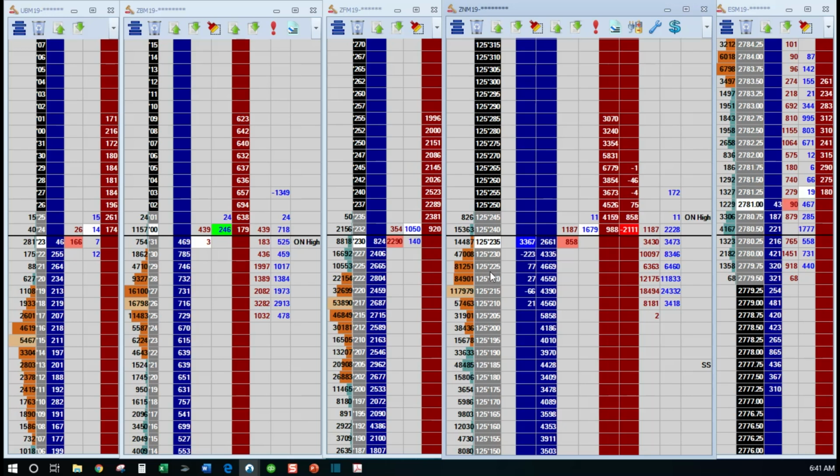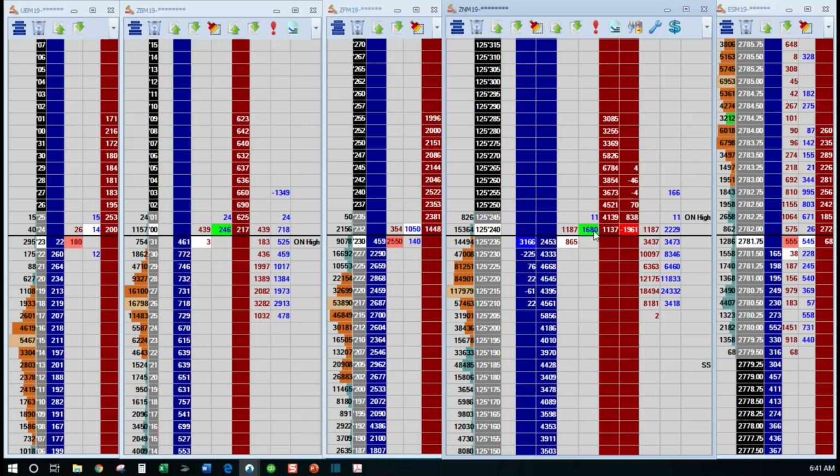If that's the case, keep an eye on sellers stepping up in here, pushing this thing back down. I'd like to see a little bit more weakness in the ES, and see sellers put up a roadblock up here.